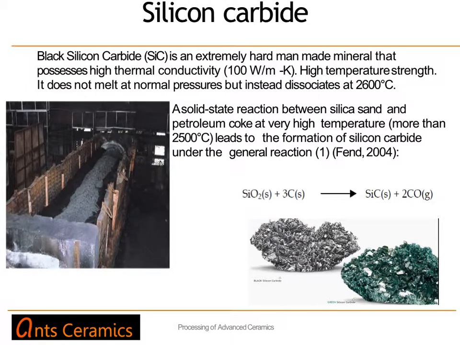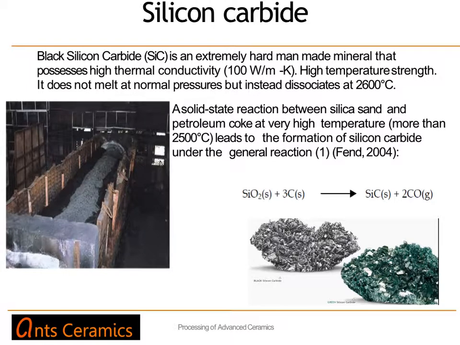Reaction bonded silicon carbides are also oxidation resistant, and have extremely high thermal shock resistance. And these have good hardness, wear resistance, and good chemical resistance. They are known for their low thermal expansion and very high thermal conductivity.